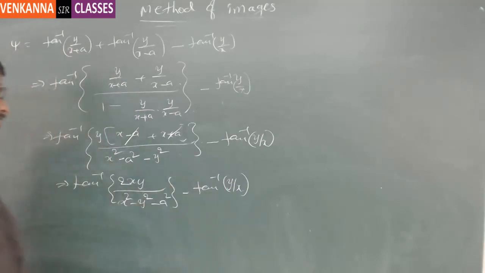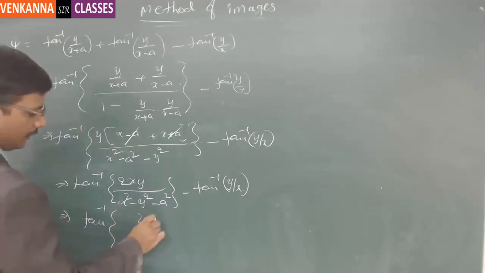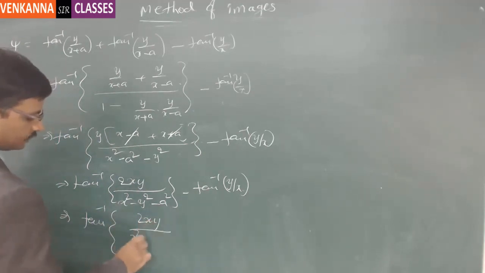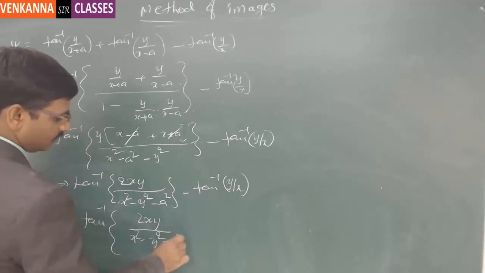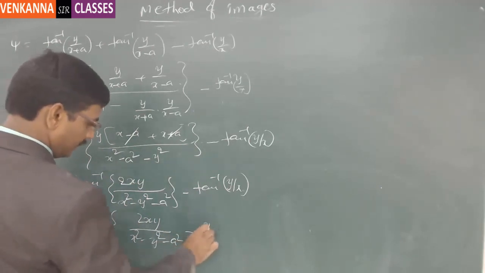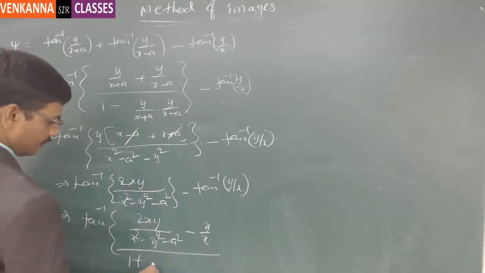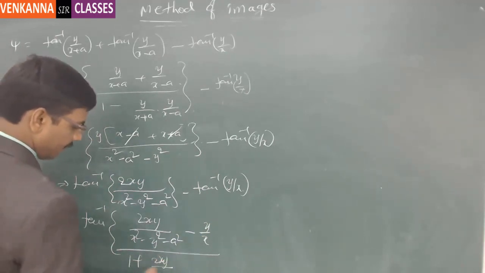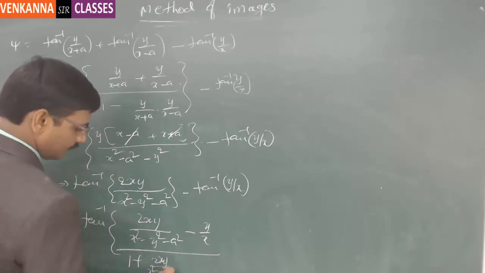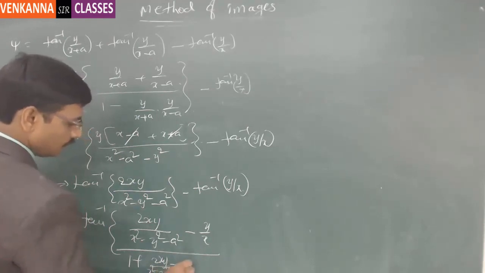Again, the tan a minus b format you need to apply. So this is tan inverse of (2xy divided by (x square minus y square minus a square) minus y by x) divided by (1 plus 2xy divided by (x square minus y square minus a square) into y by x).